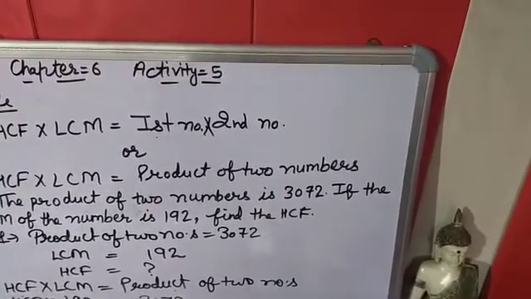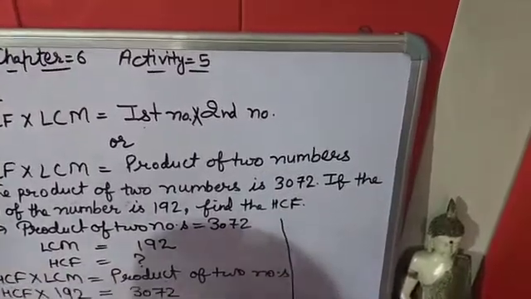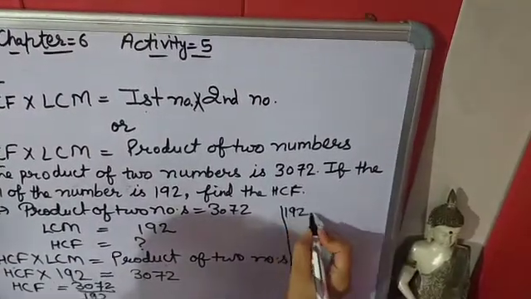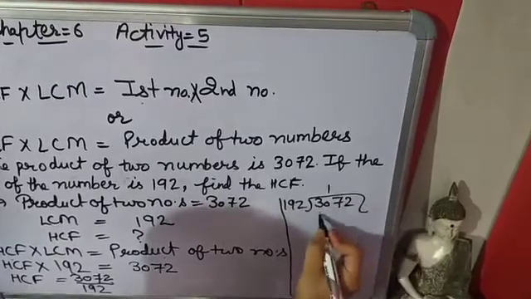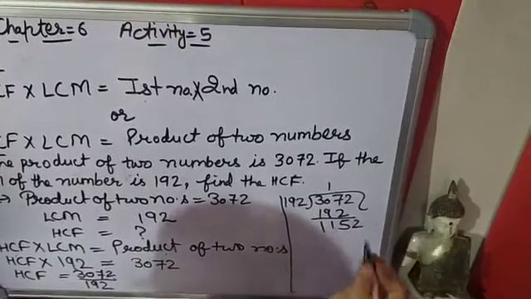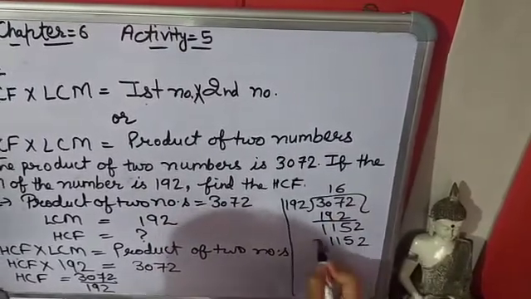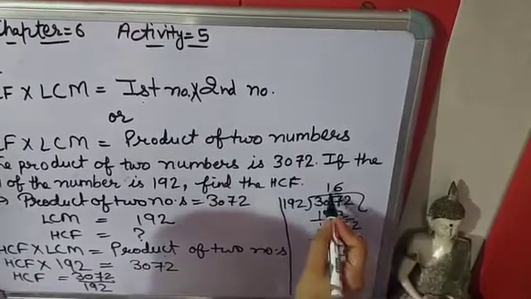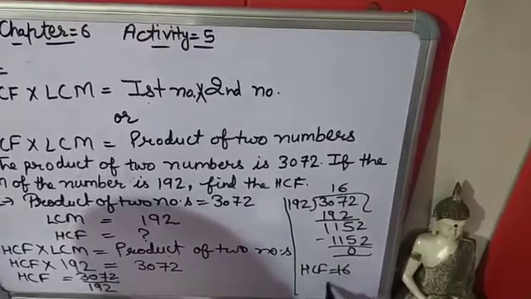Now we have to do divide. I am doing division here. First of all, it will be 192. Now it will go 16 times. So what is the HCF? HCF is 16.